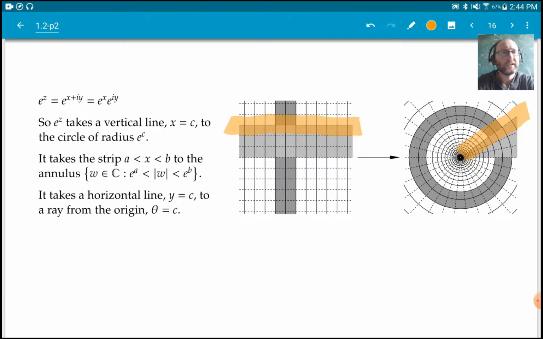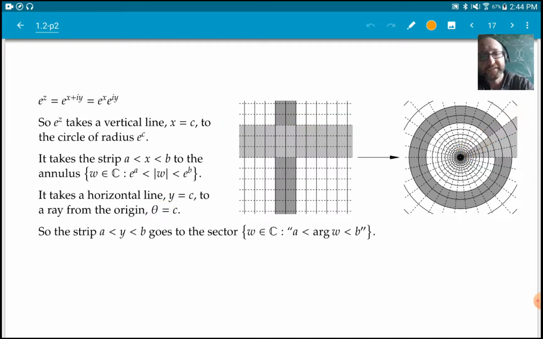So this horizontal line gets taken to a ray. Here y is giving you the angle at which you're going; it's giving you which argument you're taking. Therefore, if you take a horizontal strip, what it goes to is a sector.